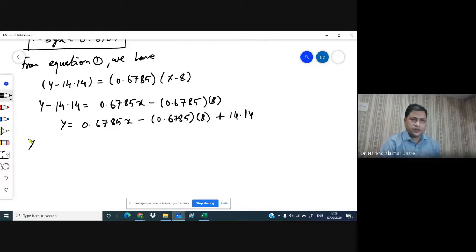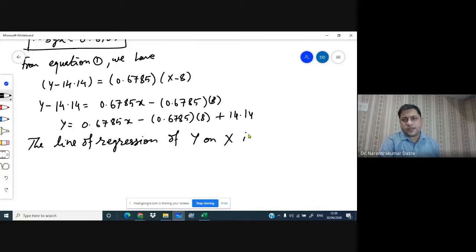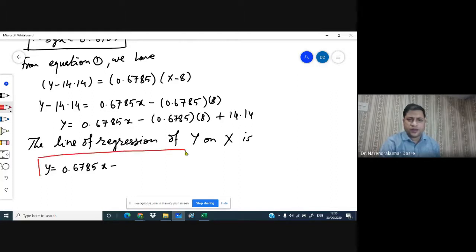So we got the line of regression of y on x is y is equal to 0.6785 times x, and then this constant is what you have to give me.